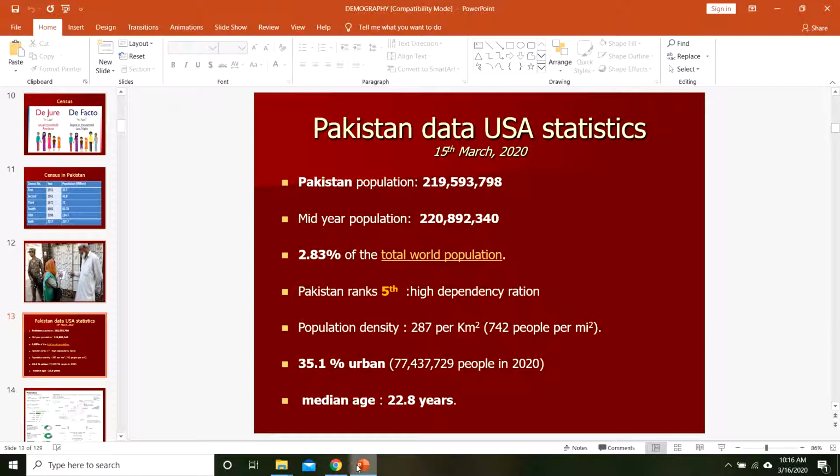It shows that Pakistan contains 2.83% of the total world's population. According to US statistics, Pakistan ranks fifth with the highest dependency ratio. It means that the majority of the population is dependent on the earning group in Pakistan, and a larger proportion is dependent on a single earning member.